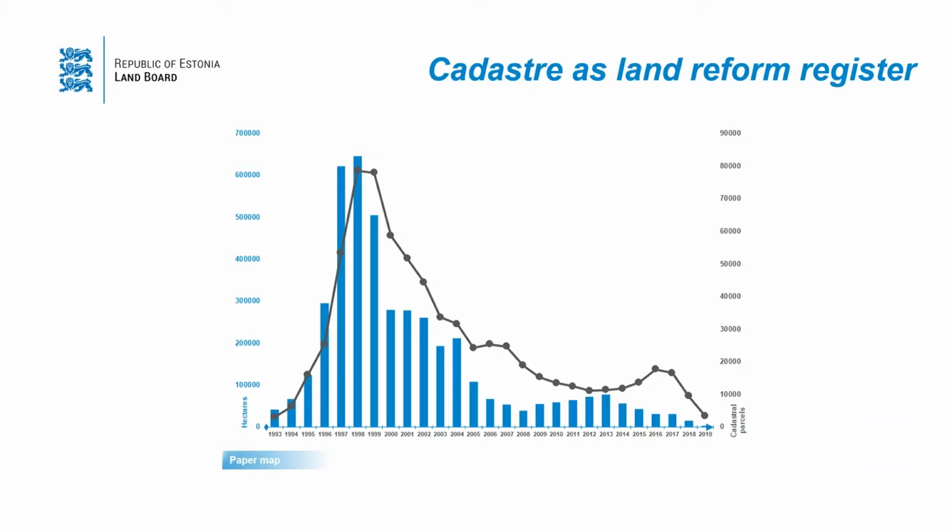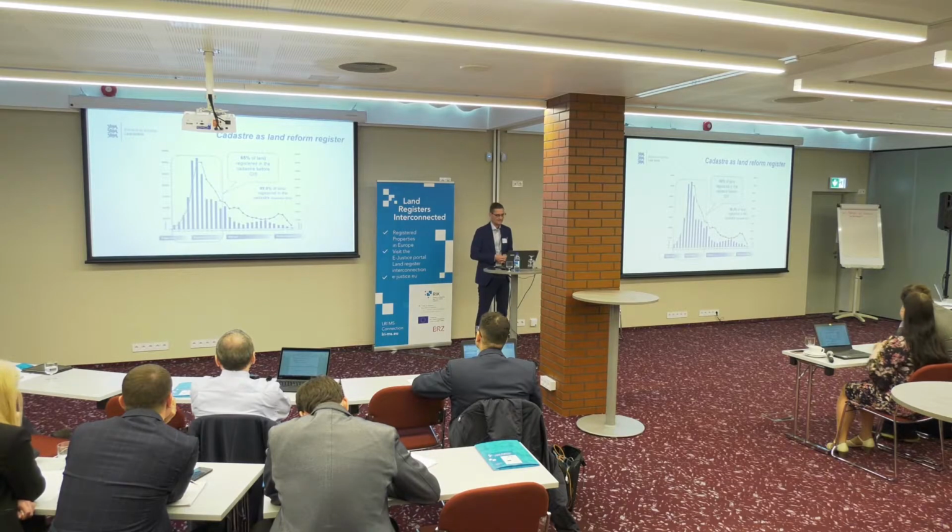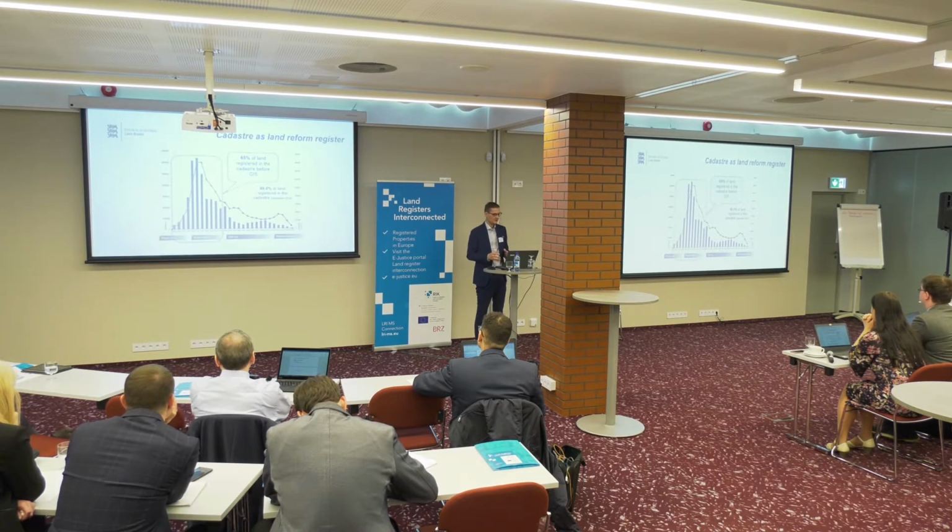But what about the cadastre, the most important part, the cadastral unit boundary? We call the cadastre a land reform register, and we want to change this. We are not very satisfied because all the principles in our system are now built up for forming a new cadastral unit. But as you see, most of the cadastral units have already been formed.